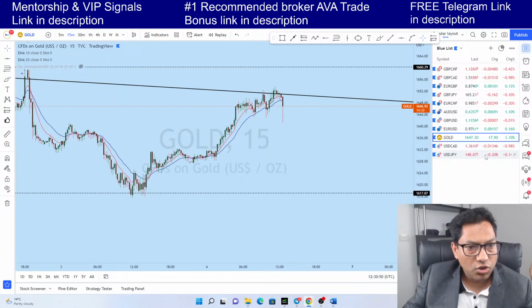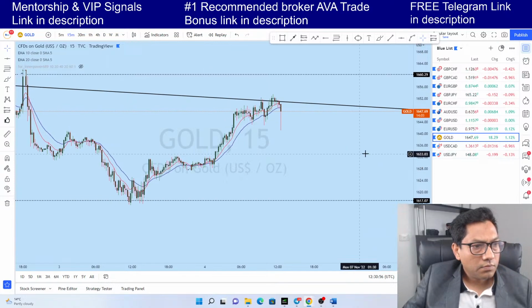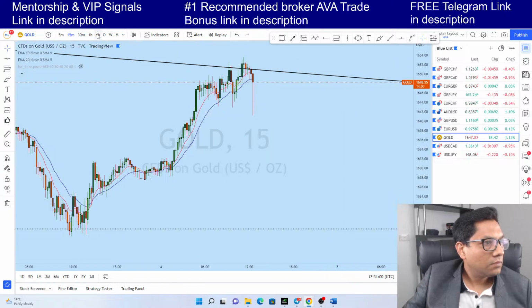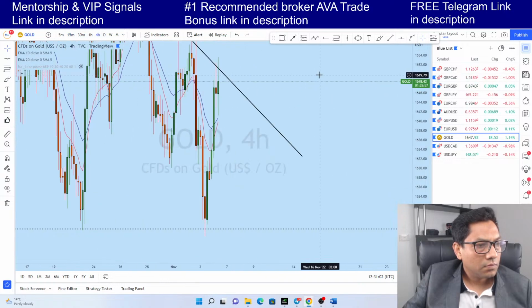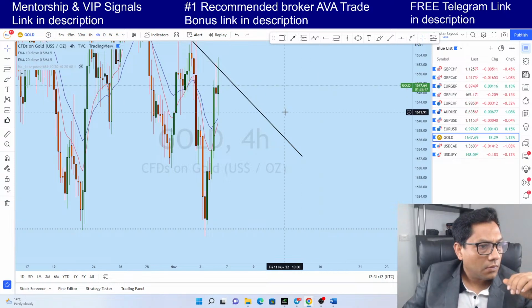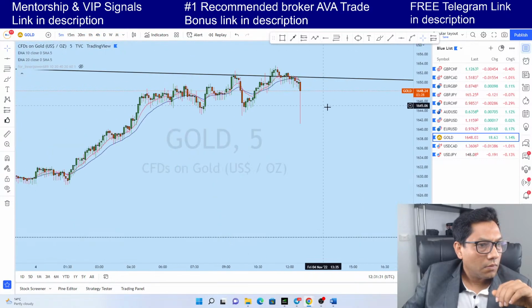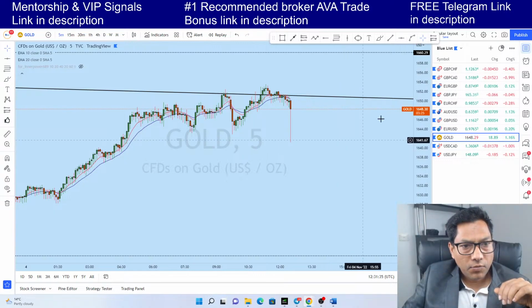So we see some strengthening in the dollar. Very strong spike on gold and all the pairs.